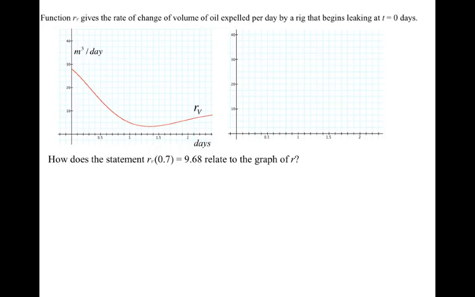All right, so how does the statement R sub V of 0.7 equals 9.68 relate to the graph? What does that statement right there have to do with the graph of R sub V? When you're given this whole graph, this red curve here, what does that expression right there have to do with that whole graph?